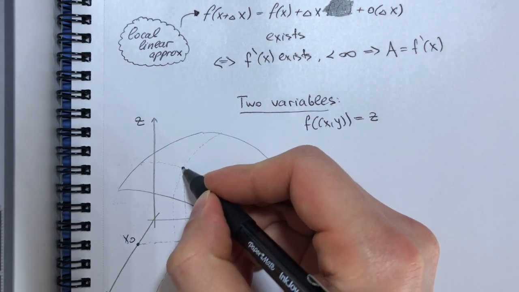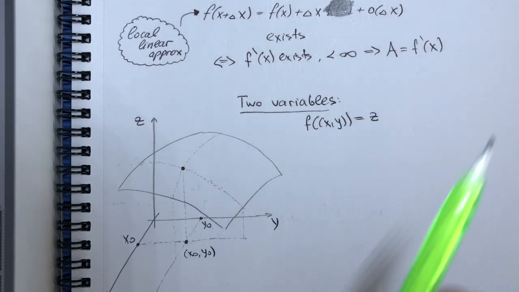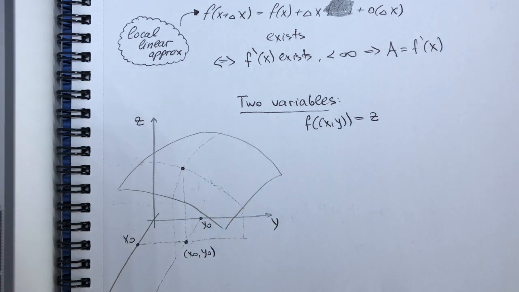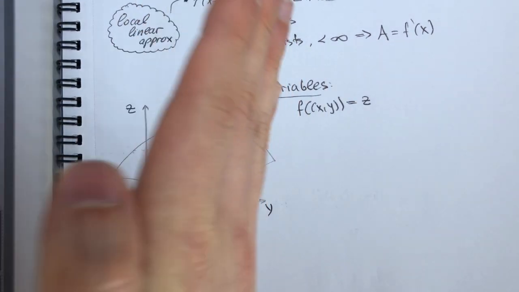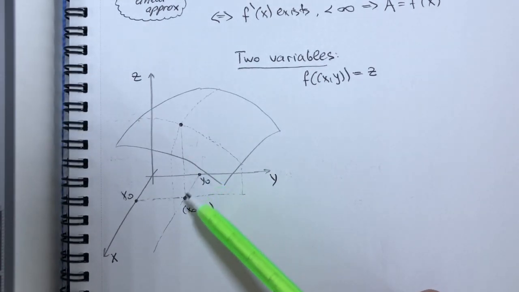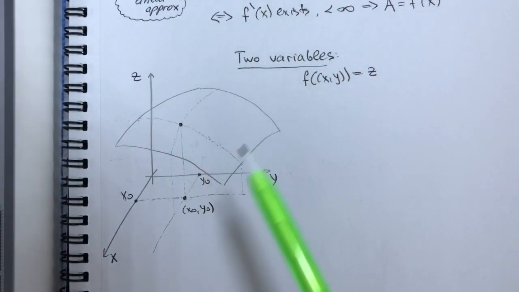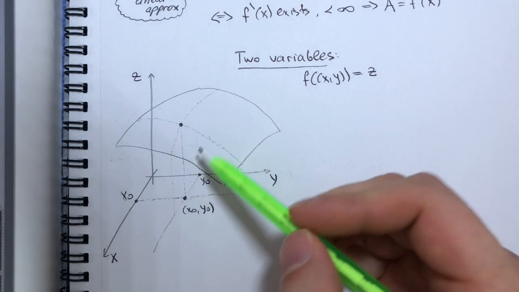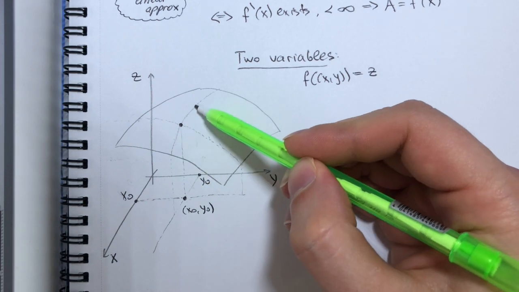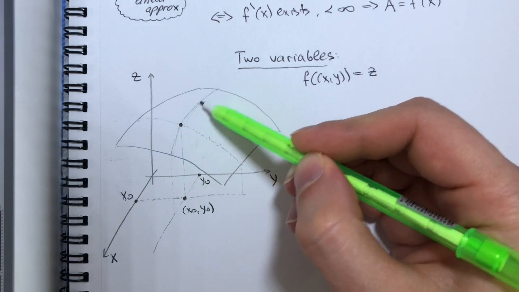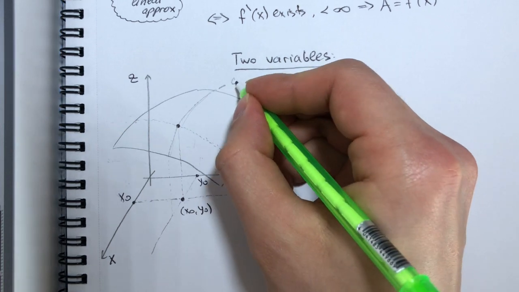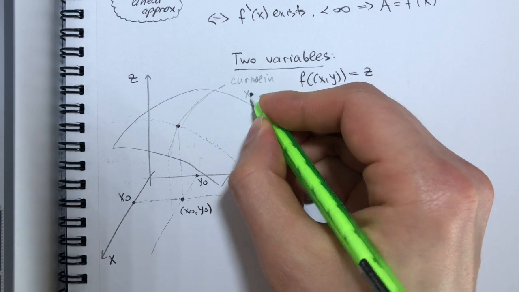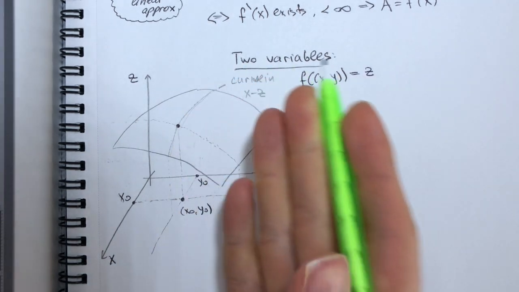It gets mapped to this point, and as you remember from the definition of partial derivatives, what we do is we cut our surface along this plane. It's a vertical plane that goes through y naught and x naught, y naught, and it creates this curve. That's how it slices our surface. But this curve is a curve in the x, z coordinate system, yes?